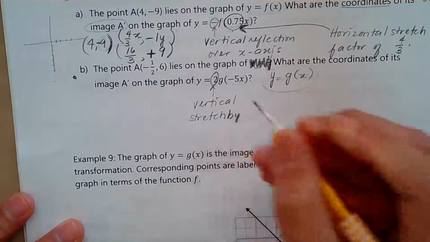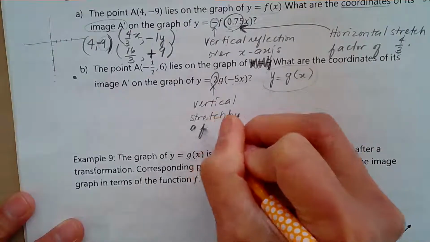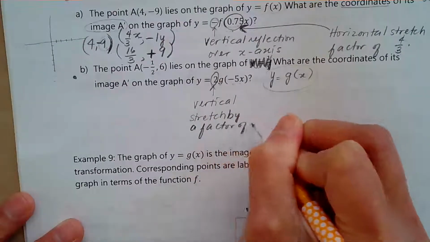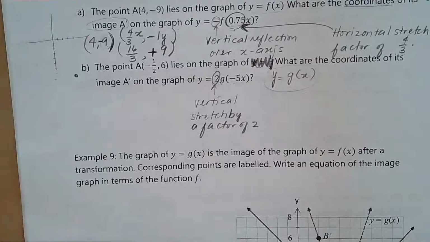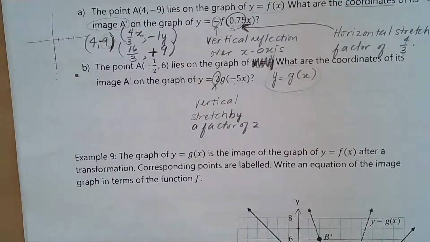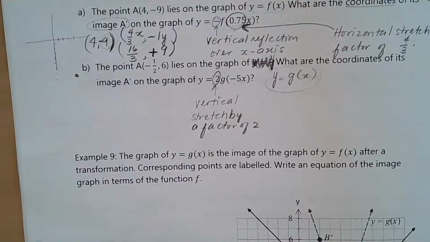By a factor of 2. So that's going to be a vertical stretch by a factor of 2. Is everybody okay with that? Vertical stretch by a factor of 2. So that means the y will be multiplied by 2.